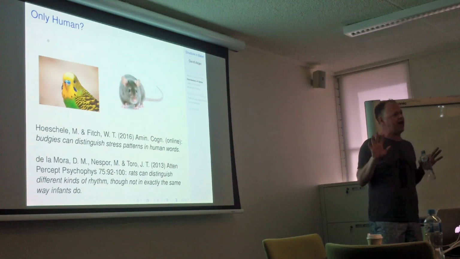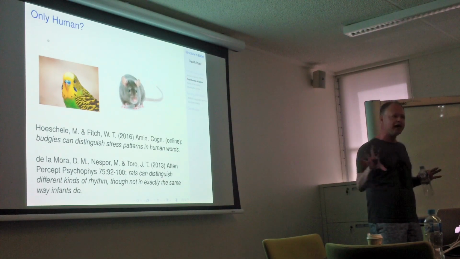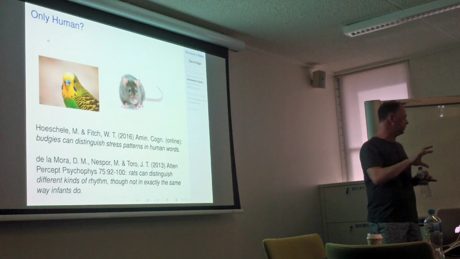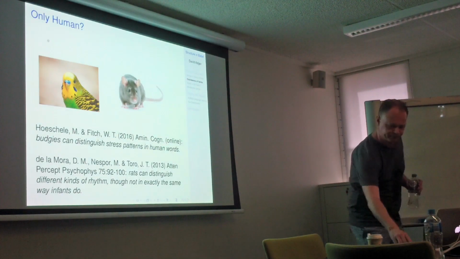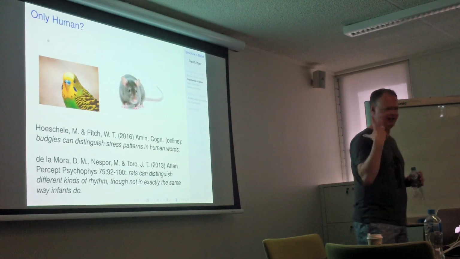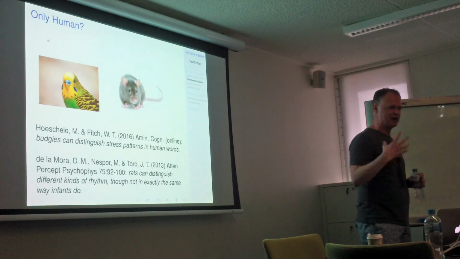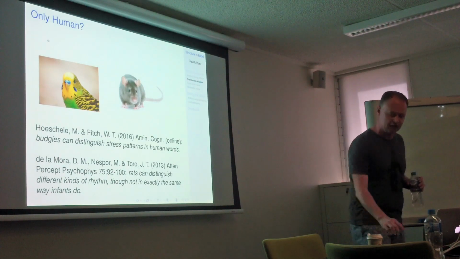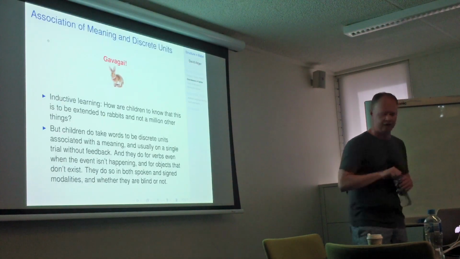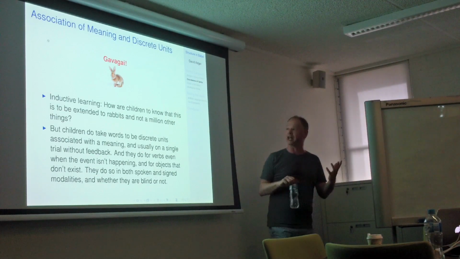So it looks like all those various different kinds of things that human babies use are actually available elsewhere in the animal kingdom as well. Something about brains, somehow, likes to impose discreteness upon the continuous signals that they are subject to.